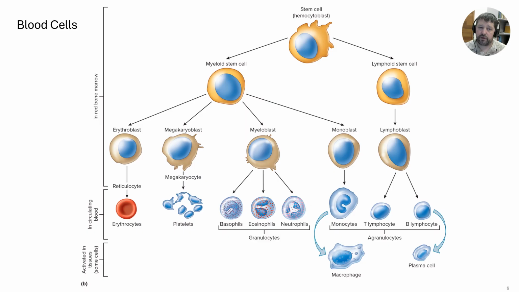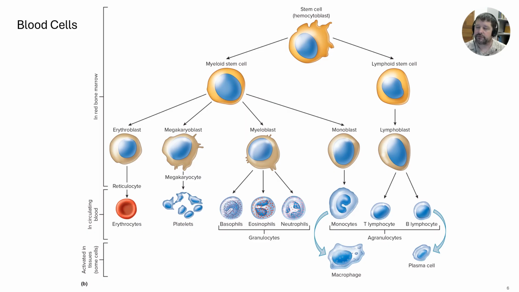So when that erythrocyte leaves the bone marrow, it will go through the reticulocyte stage, the process of preparing the cell to become mature. The nucleus will be removed, the mitochondria of the cell are removed, and that's the transition from erythroblast to erythrocyte. The megakaryoblasts give rise to megakaryocytes, which give rise to platelets.